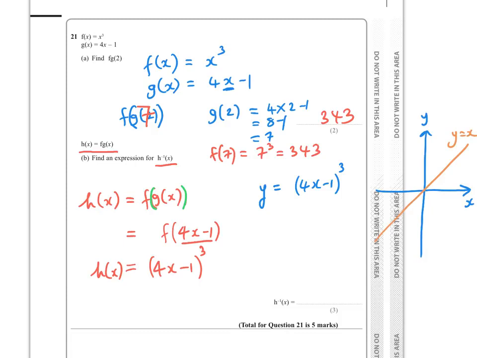So I'll come back to that in a moment. So basically all we have to do is try and undo the function so we get x on its own. So we'll cube root both sides. We'll add 1 to both sides. And we will divide both sides by 4.